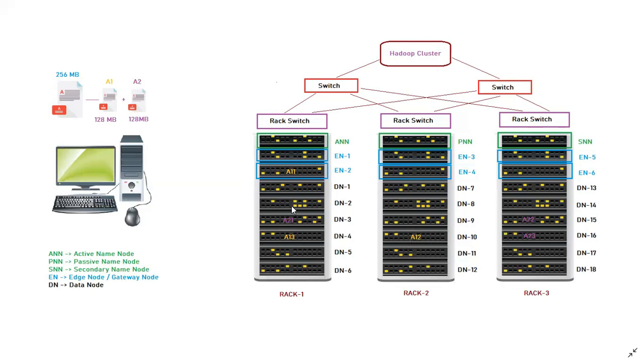Let us say A12's second block is here, and the other resources, nothing but cores, the number of cores and all, are very good to compute the data. Then it will pick this data node 10 to execute the data, instead of this A11, instead of this node.